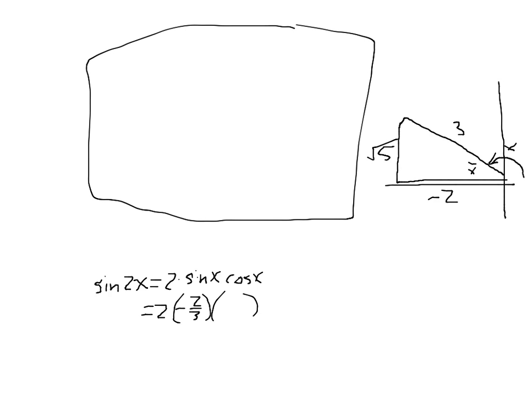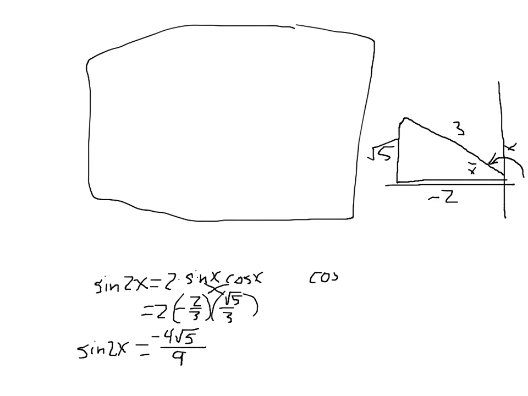Negative 2/3 is the cosine of x. The sine of x is square root of 5/3. When we do this multiplication, we have a denominator of 9, and my numerator is going to be negative 4 square roots of 5. So there is what the sine of 2x is as an exact answer: negative 4 square roots of 5 over 9.